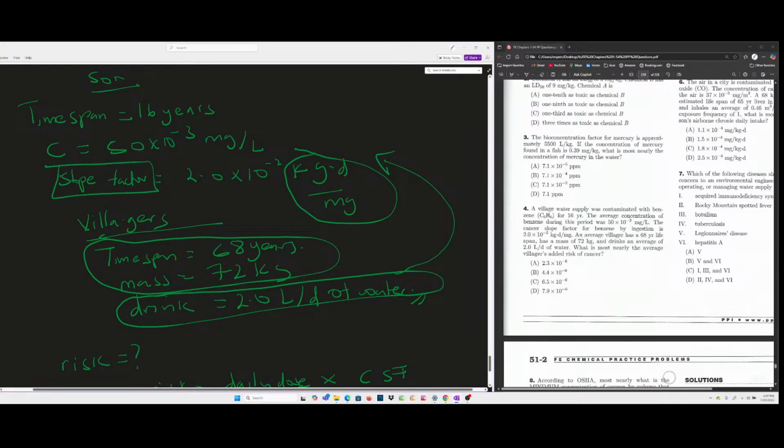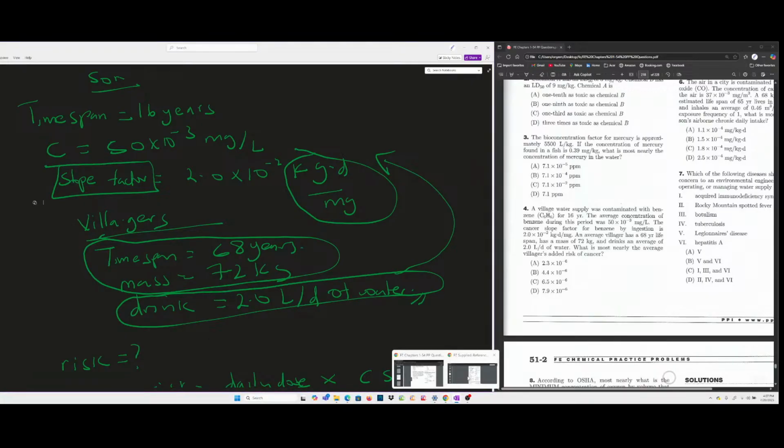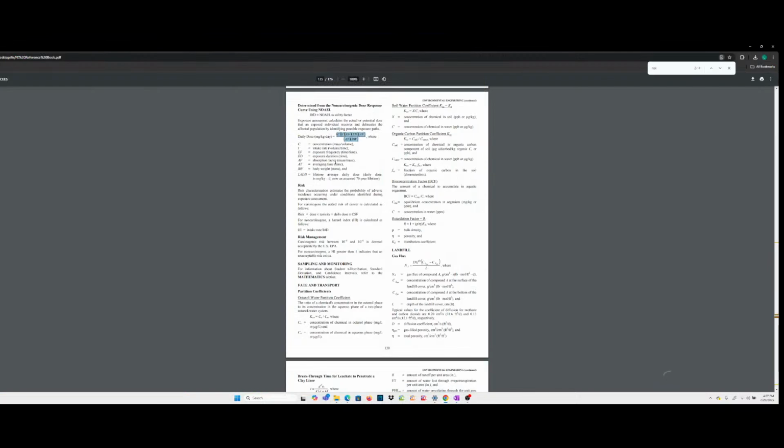If you go to the FE handbook and look at the formulas, everything I'm saying makes sense. When we're looking for the risk, the risk is equal to the CDI multiplied by the CSF, which is our slope factor.